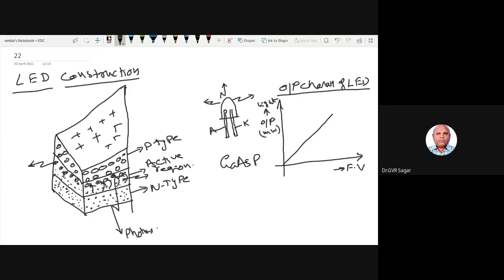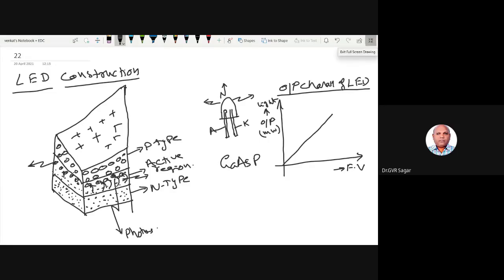As the voltage goes on increasing, light intensity also goes on increasing. So this is about the LED, light emitting diode.